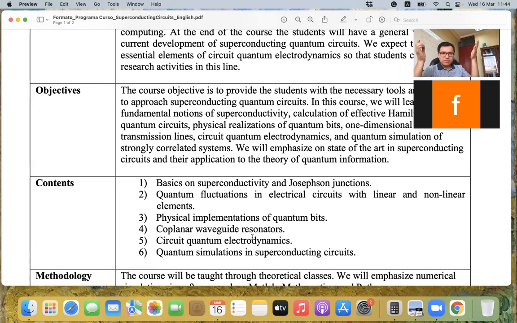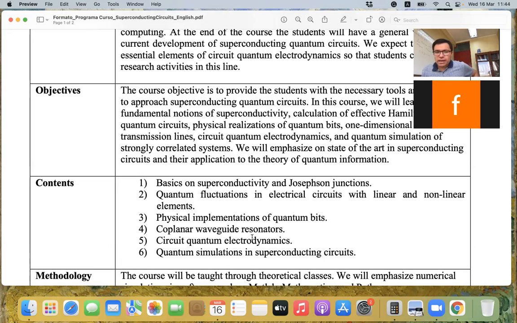In real atoms, you have polarization of the atom, but in superconducting circuits, we don't have that. Coplanar waveguide resonators are essentially one-dimensional systems without any polarization, so the description will still be very simple. Although it's simple, you will see that it is very good for describing real experiments.